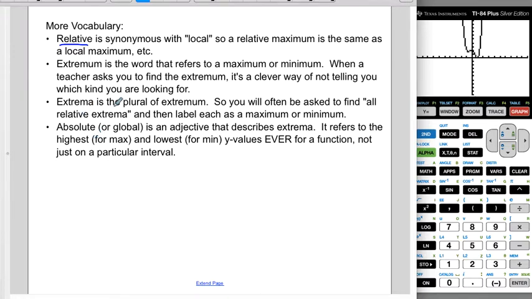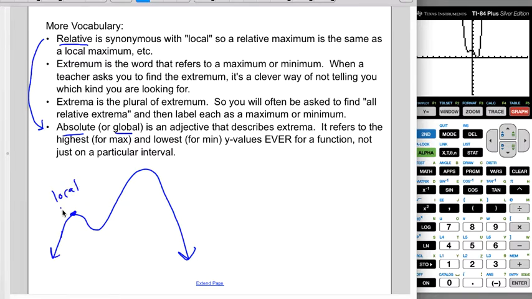So local and relative. Let's jump down here for a second and contrast that with the word absolute, or what you'll hear as global, right? So if I have a graph that looks like this, let's say that's my graph, okay? This would be called a local or relative max because it is the highest point in its immediate area, but it's not the highest point ever.